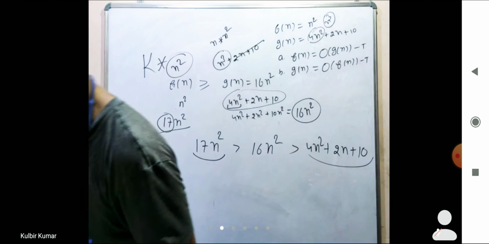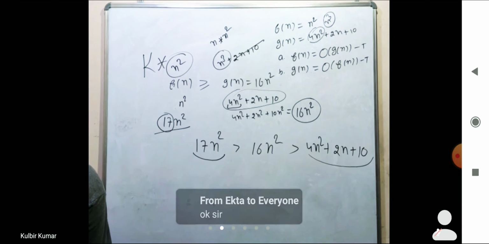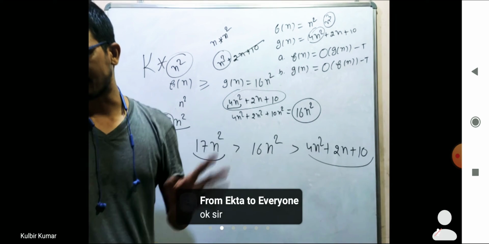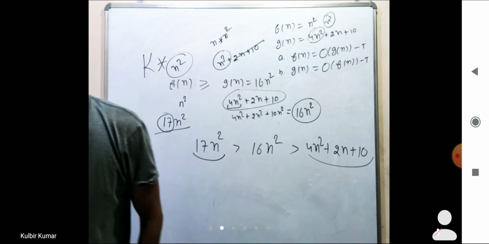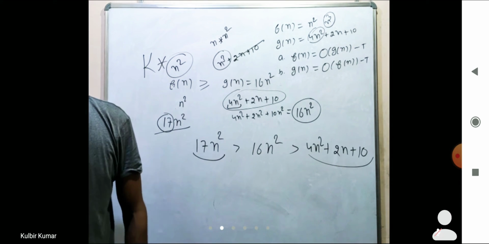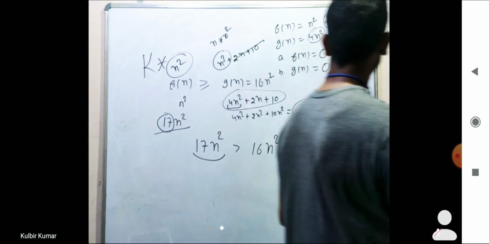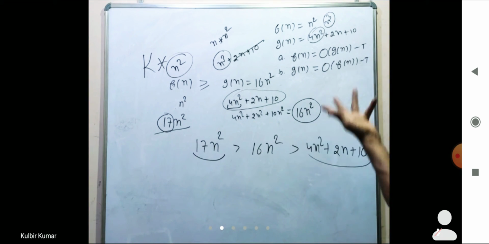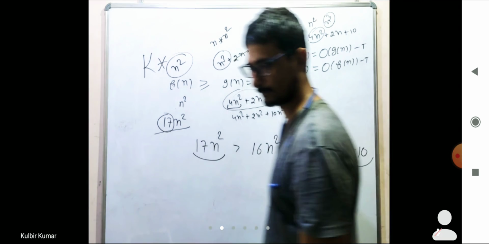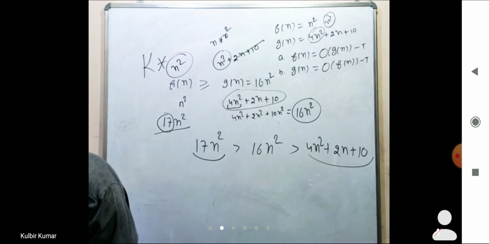So I can write f of n is greater than g of n. Got it? So just pay attention to the highest polynomial. Okay, what is the highest polynomial? Yeah, the comparison happens between the highest polynomial. The smaller terms can be handled by constant multipliers. Remember that. So any doubt till this point?